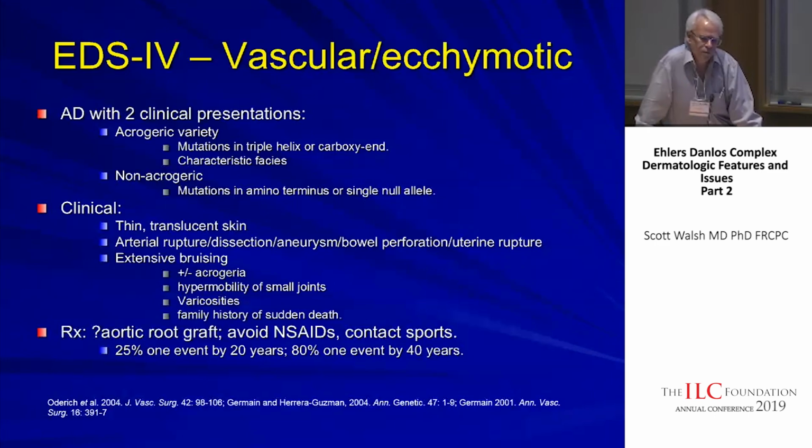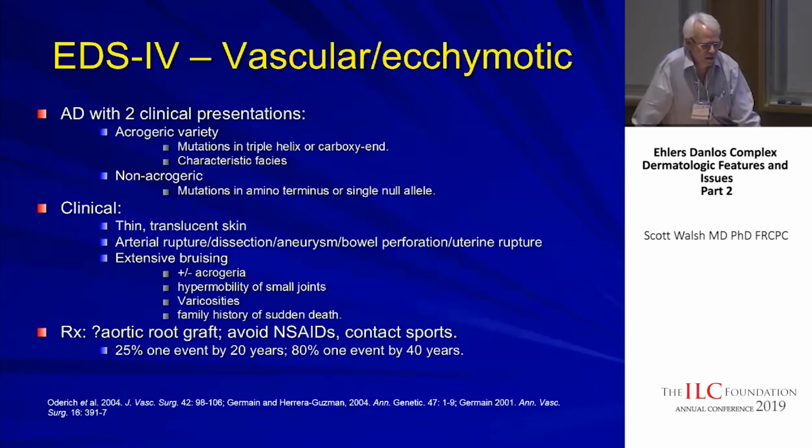So if you have mutations at one end of the molecule, you actually get a characteristic look to the person. And they often have earlobes that are very small, hollowed cheeks, and a pinched nose. You can look at a person and say, yeah, this fits with vascular Ehlers-Danlos. If it's at the other end of the molecule, you don't get characteristic facial features.